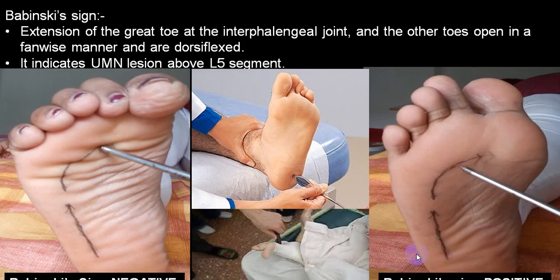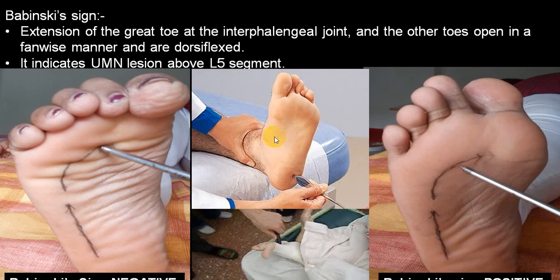So look for that response, and you have to stroke the skin from heel laterally to the small toe and then towards the great toe in one single stroke with a blunt object. So this is normal response, this is abnormal response.